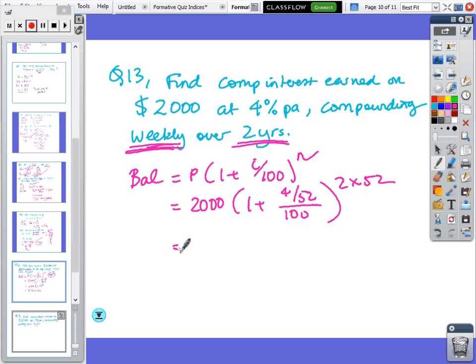Just chuck that in your calculator: 1 plus 4 divided by 5200, close bracket, to the power of 104, and we get $2,166.51. Don't forget the 1 cent, you get ripped off otherwise.